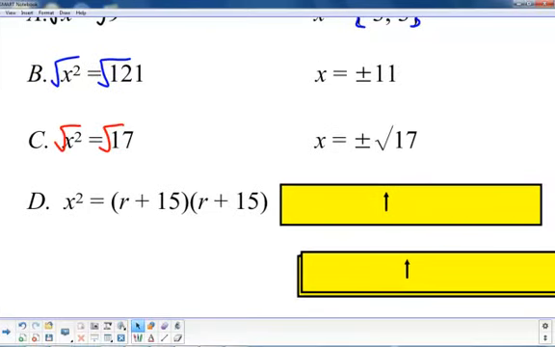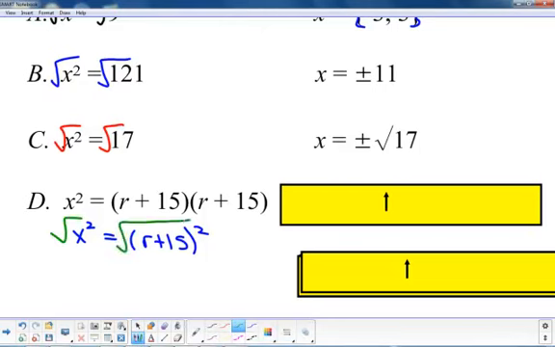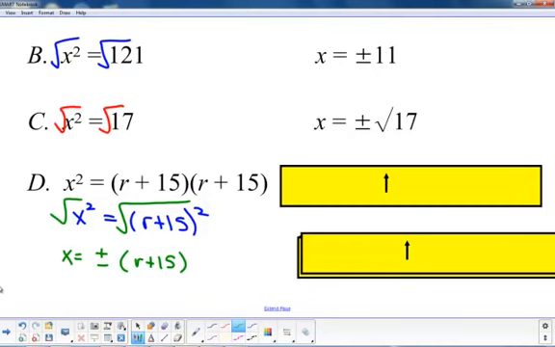And for the last one, we may want to look at it like this. So when we take the square root of both sides, we get x equals the positive or the negative r plus 15. So that's going to either be r plus 15, or if you put the negative through, negative r minus 15.